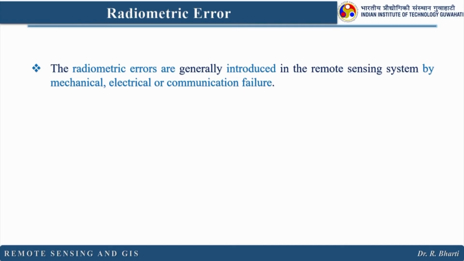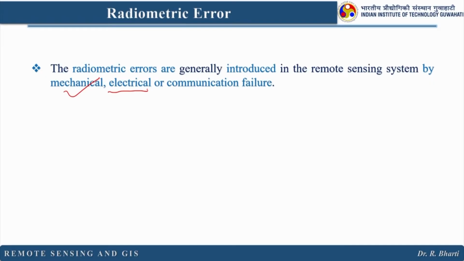or communication failure. How does the mechanical part come into the picture? Because we are talking about the sensor, and sensors are basically an optical system. In an optical system, there are many parts which are actually moving. If they are not moving at the defined rate, then what will happen?